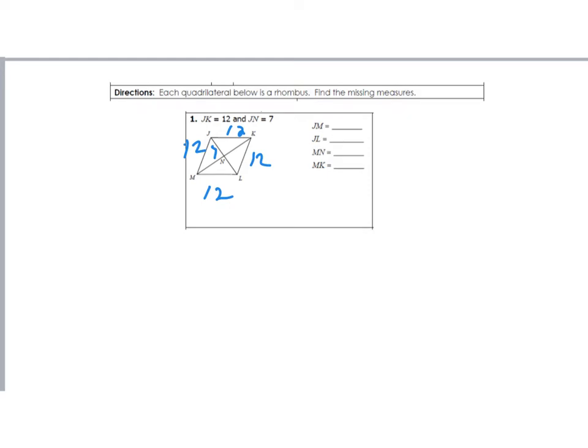What we also know is that the diagonals bisect, so if this side is 7, then this side is also 7. Something else that we learned is that the diagonals are perpendicular, so in here is a 90-degree angle. Let's see for now what we can fill in based on this information.